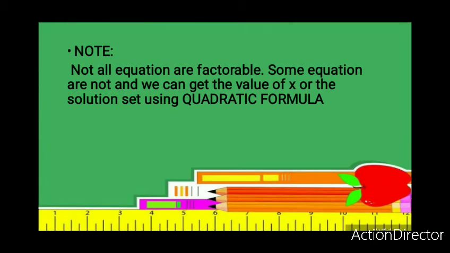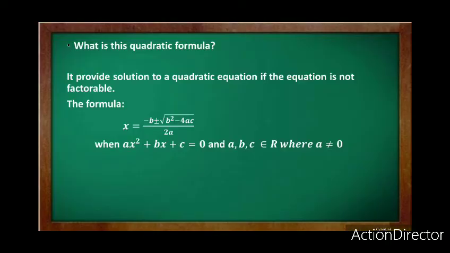There is an important idea that we must know. Not all equations are factorable. For some equations that are not, we can get the value of x or the solution set using the quadratic formula. What is this quadratic formula? It provides the solution to a quadratic equation if the equation is not factorable.